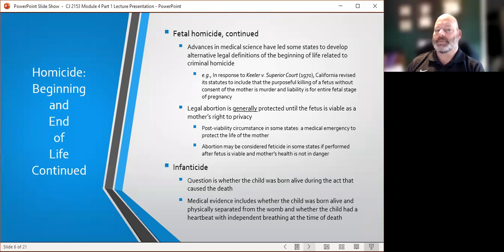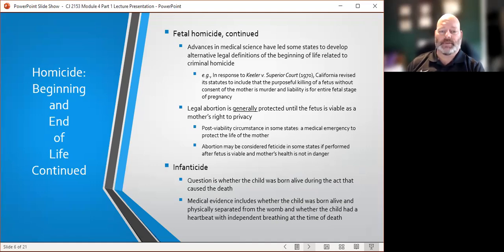Legal abortion is considered to be generally protected until the fetus is viable as a mother's right to privacy. There are some post-viability circumstances in some states, such as a medical emergency to protect the life of the mother. But on the other hand, abortion may be considered feticide in some states if it's performed after the fetus is viable and the mother's health is not in danger.